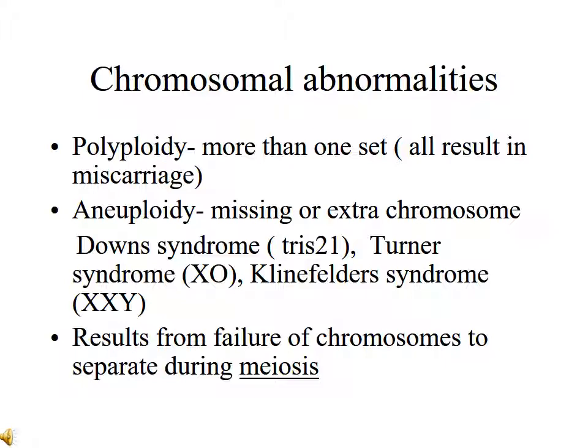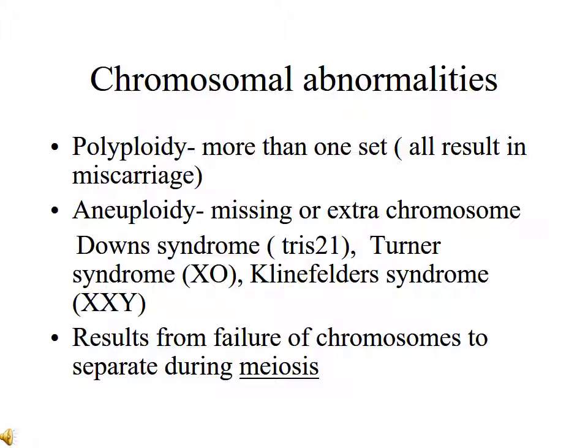Now we get down to chromosomal abnormalities per se. We know that a full set of chromosomes, often referred to as euploidy, has 46 chromosomes, in humans at least, 23 pairs. Now, what happens when something goes wrong and we end up with an organism that has more than one set? This is not good. More than one set most often results in a miscarriage. Nature has a way of correcting mistakes.